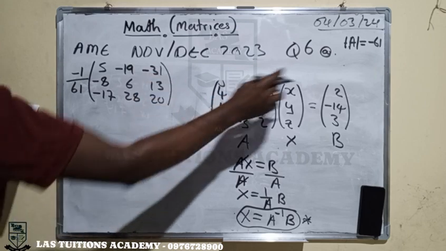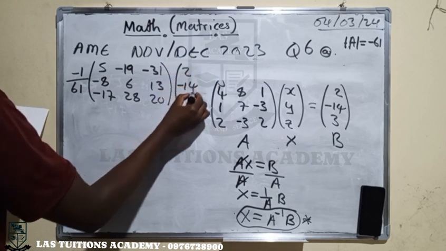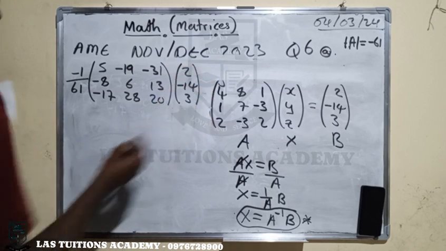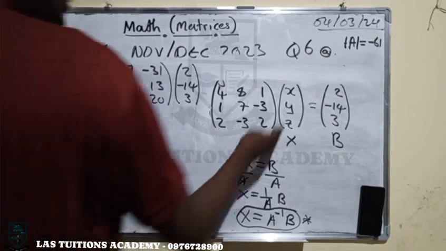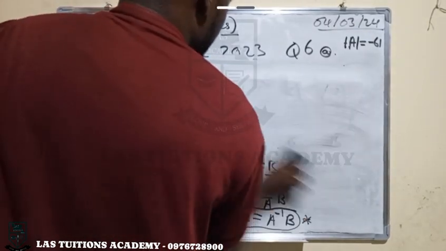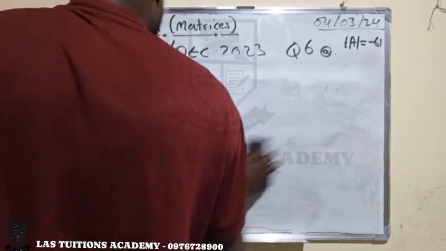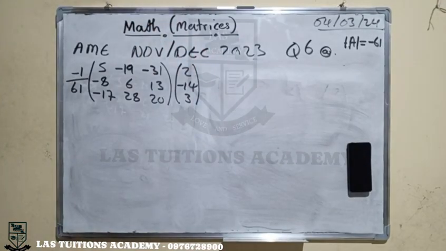Then times B, which is 2, negative 14, 3. This is what we have there. So when we work out this, we should be able to find the values of x, y, and z. Okay, so that's what we have there.